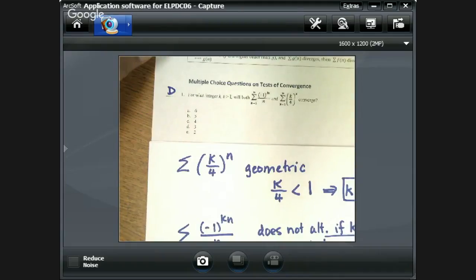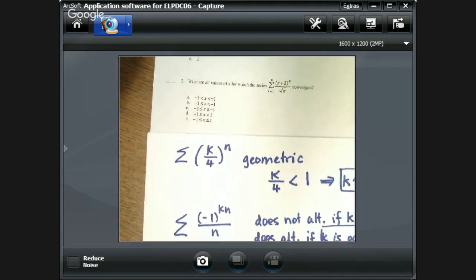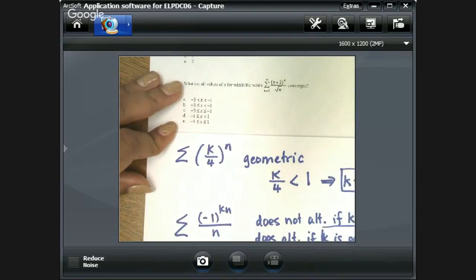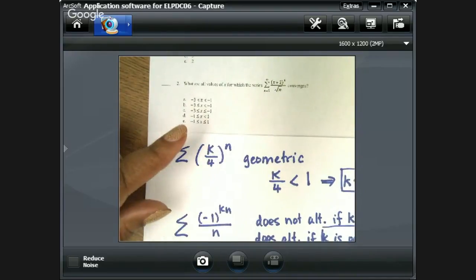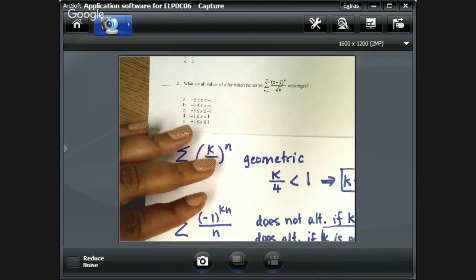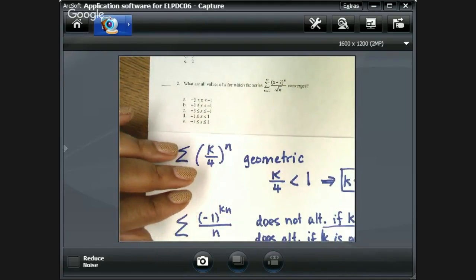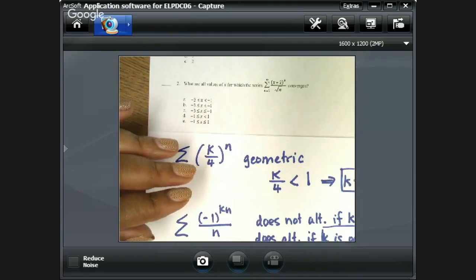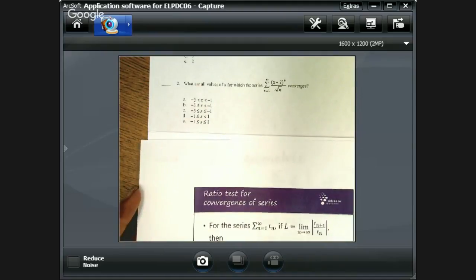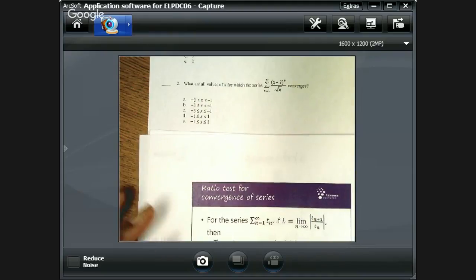And number 2, we're going to be looking for an interval of convergence. So to look at an interval of convergence, we're going to go to the ratio test. Let me show you the ratio test for convergence of series.